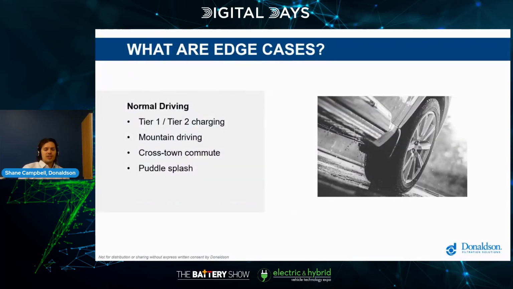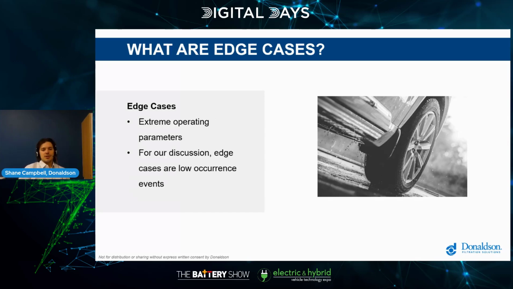So what exactly are edge cases? Well, to start off, normal driving, which is not an edge case, is stuff like tier one, tier two charging, maybe some mild mountain driving, your crosstown commute, or even a puddle splash with a little bit of water getting on your pack. Edge cases, however, are a bit more extreme.